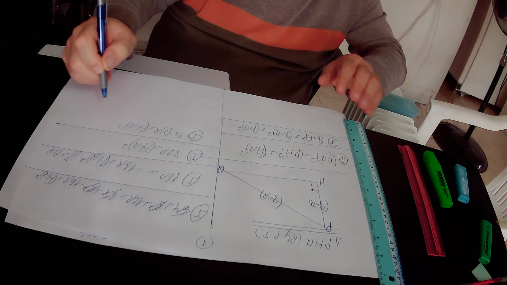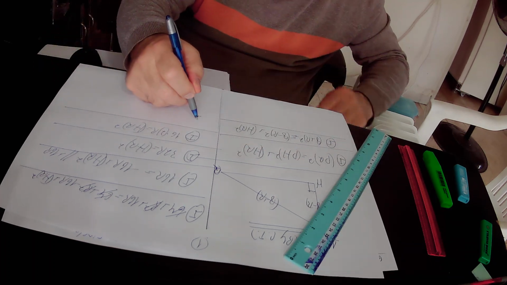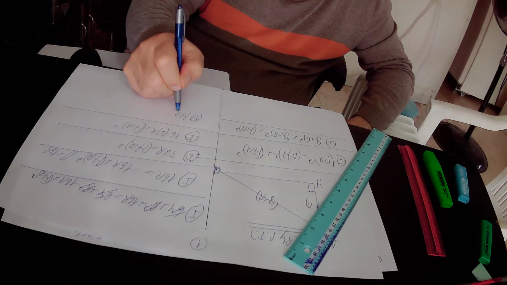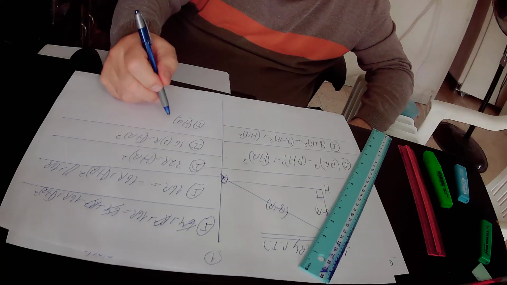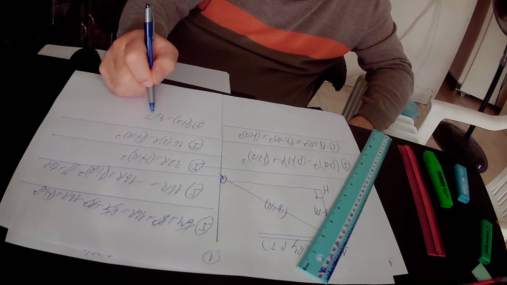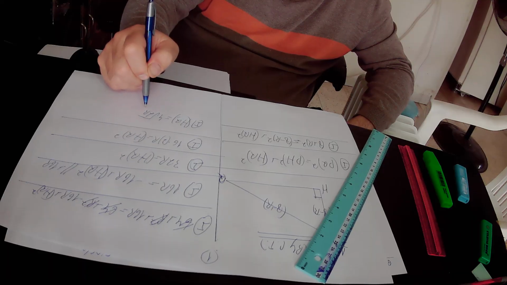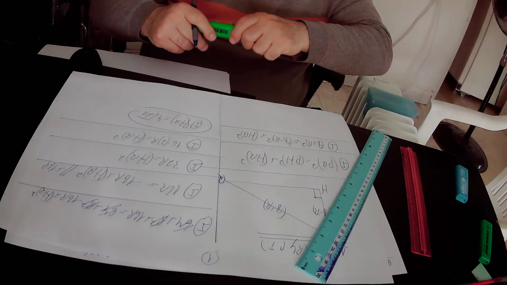Here we take a root out of this equation, and we get that HQ equals the square root of 16, that is 4, times the square root of 2R. So inside the root we are left only with 2R. So in conclusion, we found out that HQ equals 4 times square root of 2R.